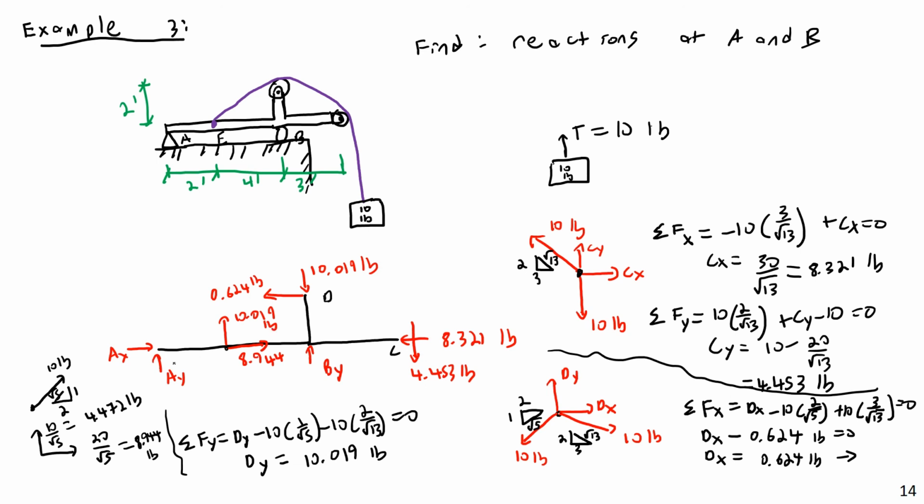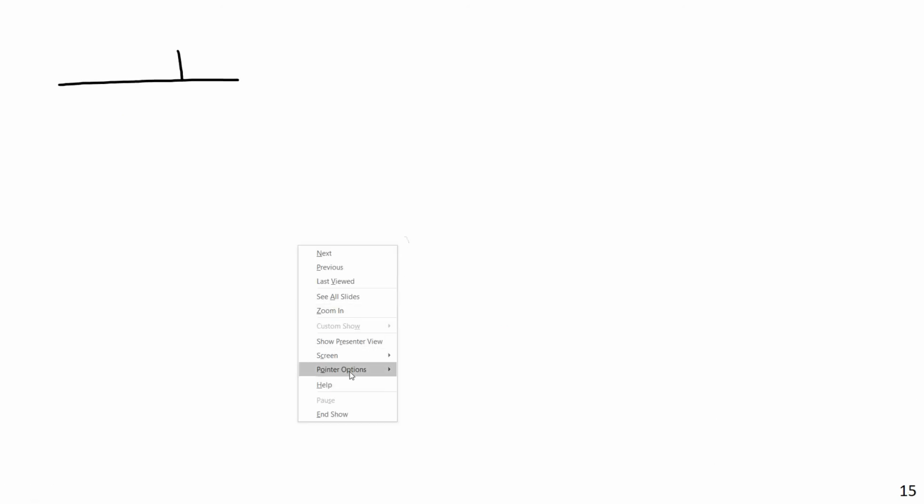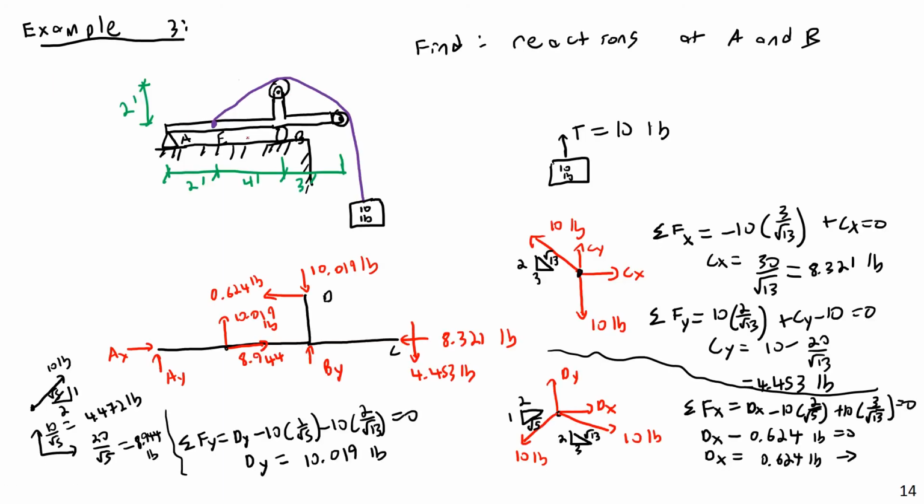I'm going to put my reaction forces first. I have AX and AY, and I have BY here. And then I'm going to show all the forces that are applied to this.